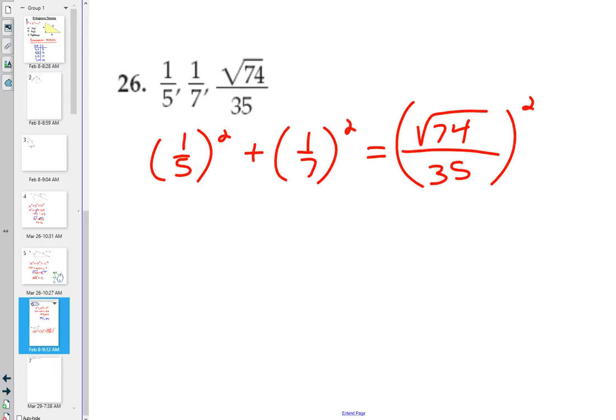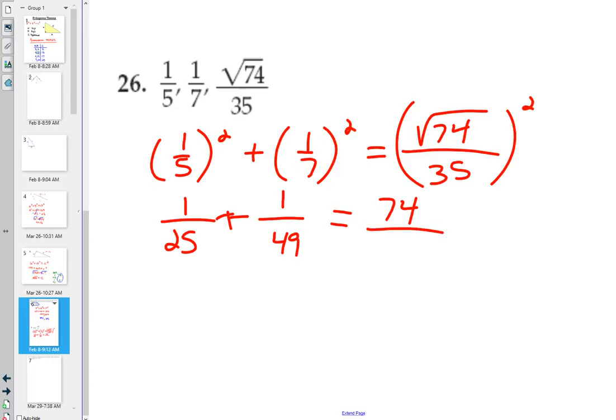What's 1 times 1? Good. 5 times 5? 1 times 1 is 1. 7 times 7 is 49. What happens if you square a square root? Nothing. They cancel, so you just get the 74. And then 35 squared is?